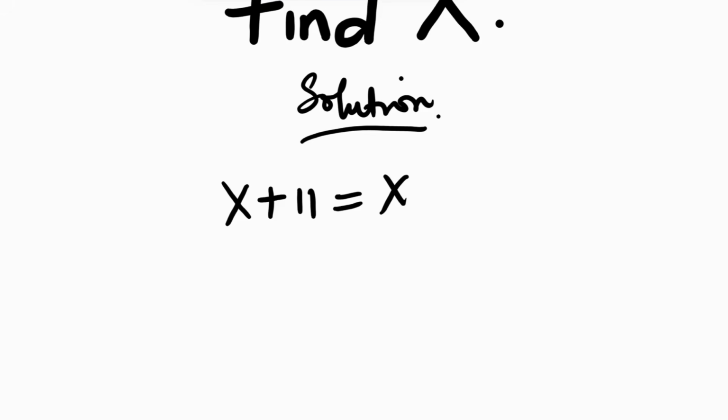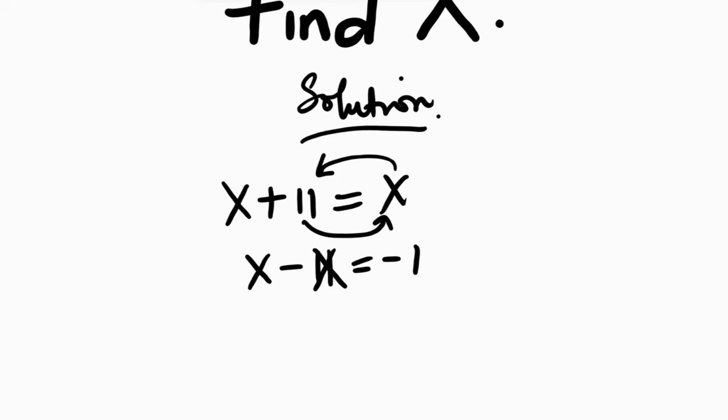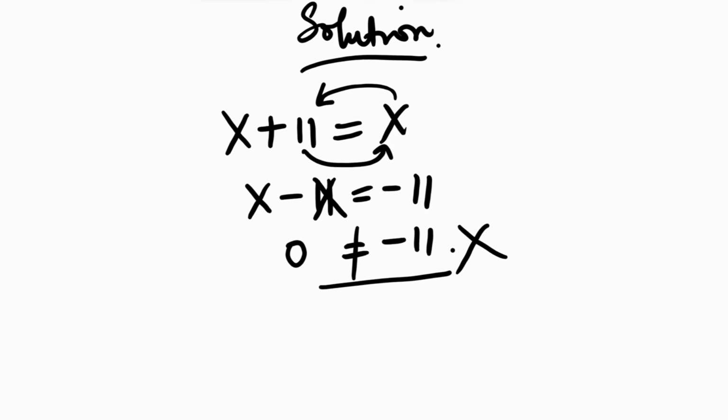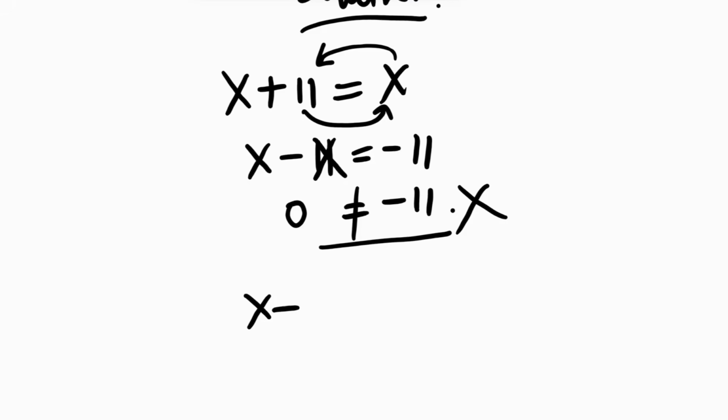So someone who's a novice in solving math would just simply say x minus x, move the x to this side, and then move the 11 to the other side, equals minus 11. Okay, so x minus x becomes 0, and then we have minus 11. This is just absolute rubbish. So what we need to do is square both sides.